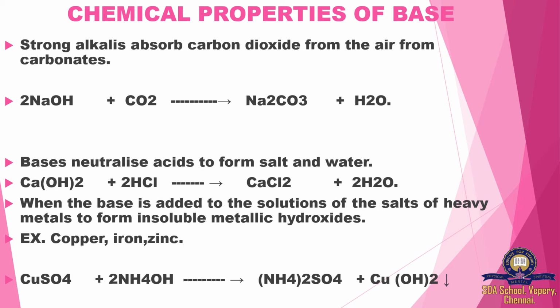It is a very weak base. Examples: copper, iron, zinc. Copper sulfate reacts with ammonium hydroxide. It forms ammonium sulfate and copper hydroxide is precipitated. It is weak in nature. When the base is dissolved in water, then only it becomes a strong base.